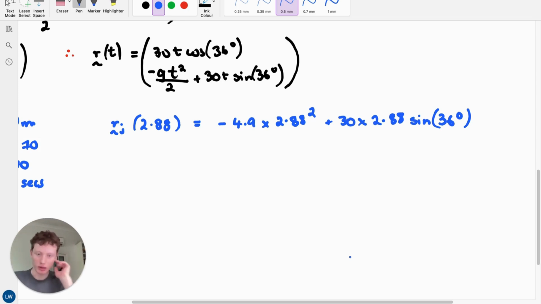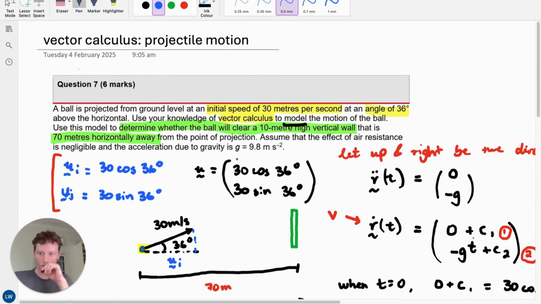From here, it's just calculator work again. If I put that in my calculator, I would get 10.18 meters. If we look back at the question, it was asking to determine whether the ball will clear a 10-meter high vertical wall at 70 meters horizontally away. Maybe that's 5 marks.